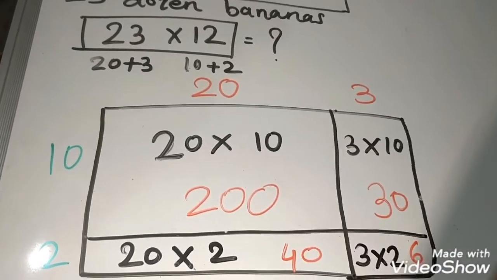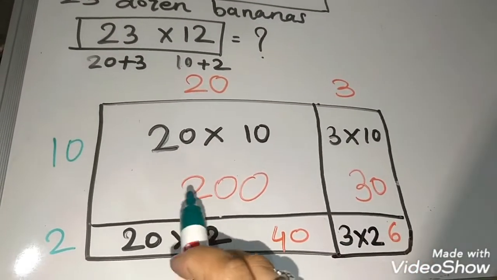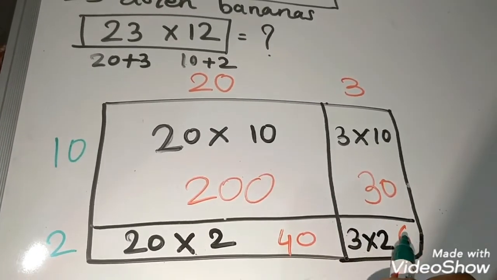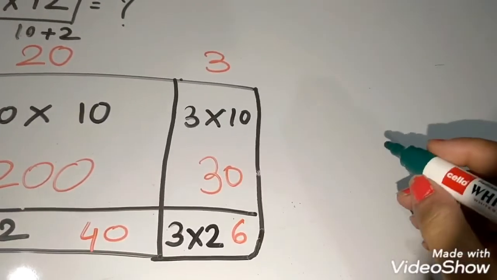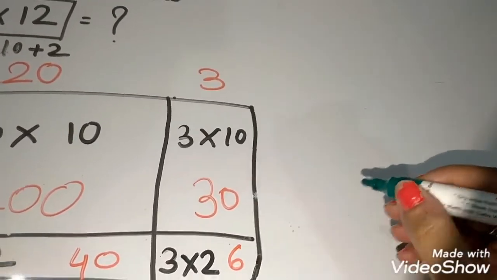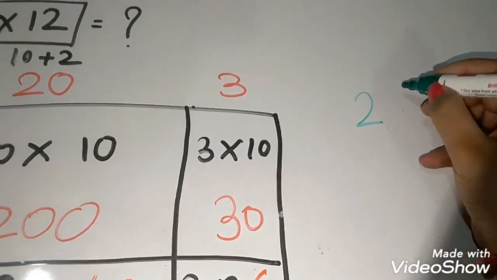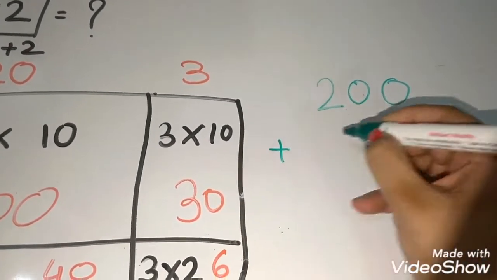Now you will say, ma'am, what is the answer? But some of you might have guessed it correctly that now ma'am is going to add all the 4 numbers together. Let's add all the 4 numbers. 200 plus 30.